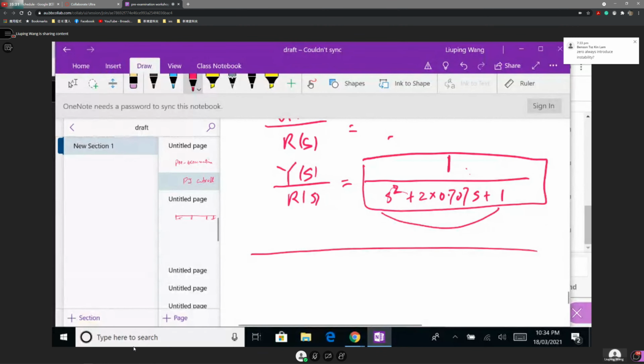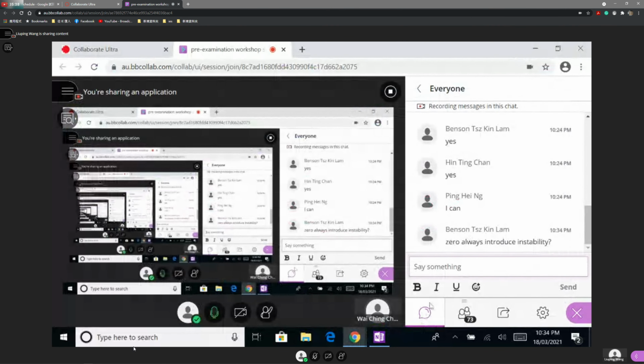Now let's do an exercise. Now it's not instability, it's a positive zero that introduces the overshoot.